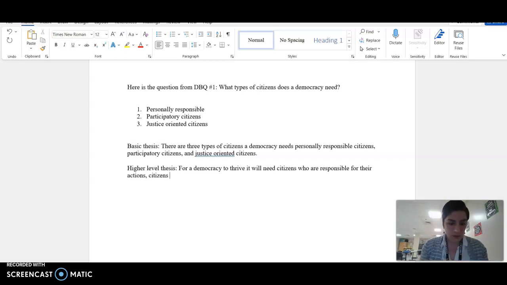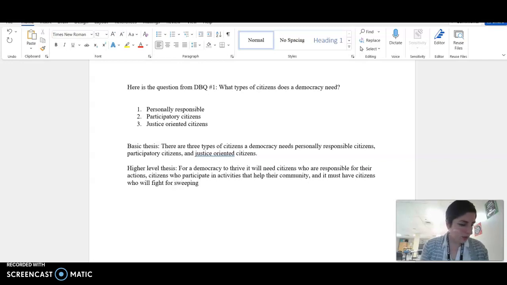Citizens who participate in activities that help their community, and it must have citizens who will fight for sweeping change and justice.